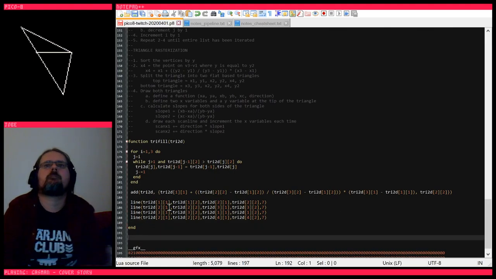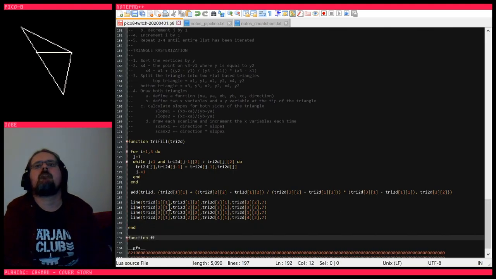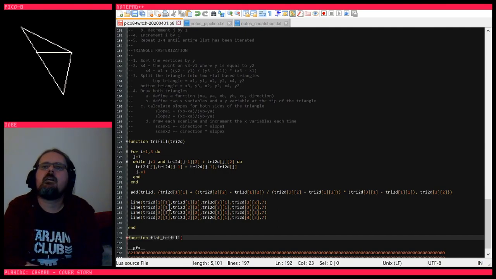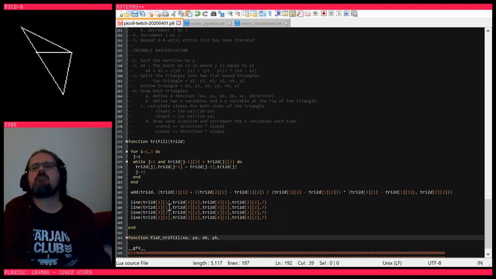We're gonna call it flat tri-fill, and the arguments this is going to take are two-dimensional points, then the x value of the fourth vertex we just created, and a direction value.